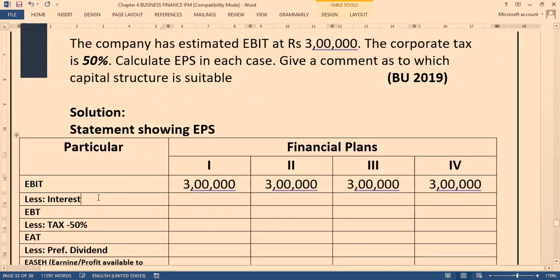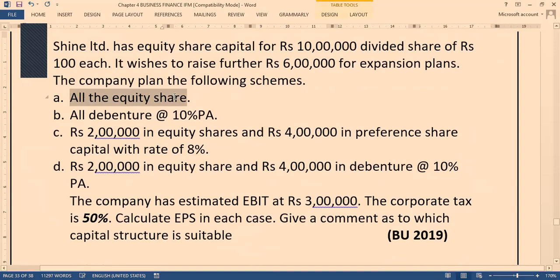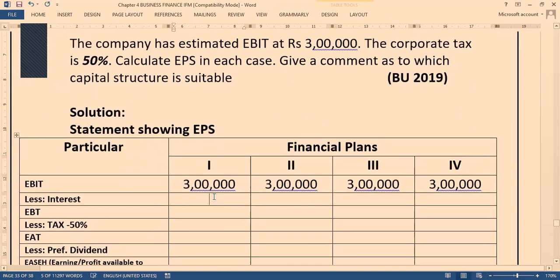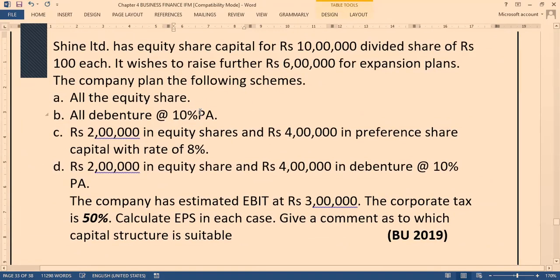Now we have to be very cautious about understanding the interest. In financial plan 1 there is no interest, so we mention it as nil. In financial plan 2 we have interest at 10%.